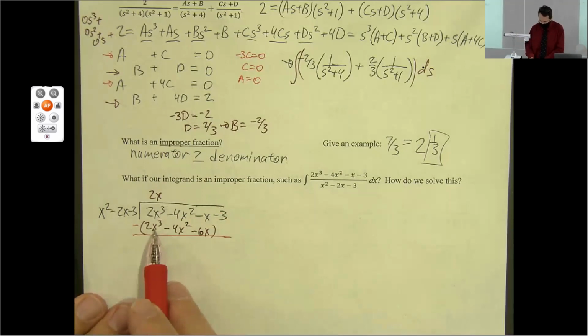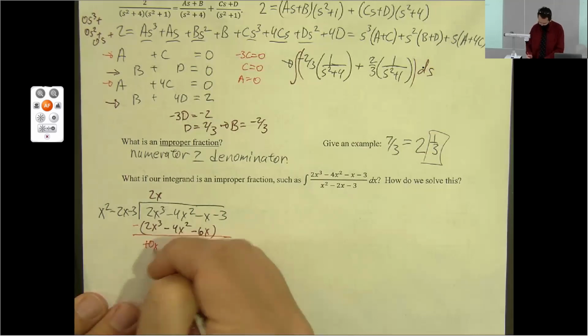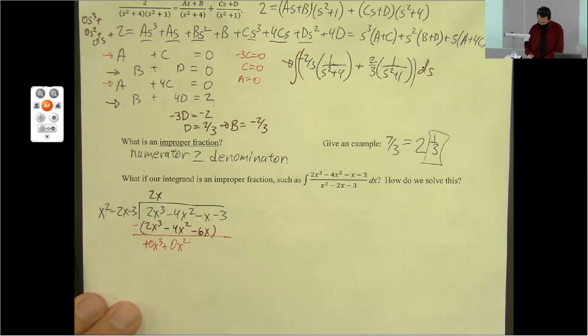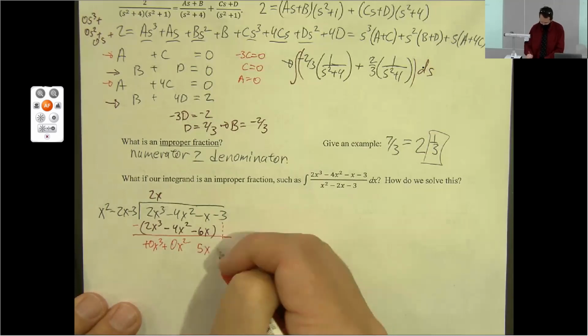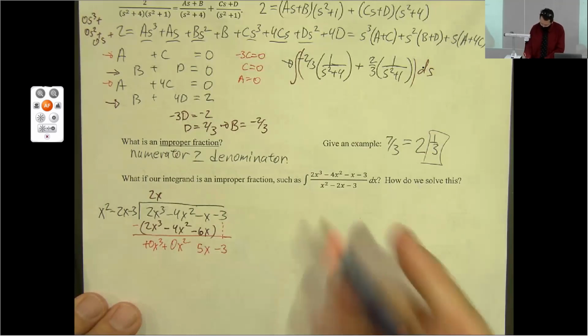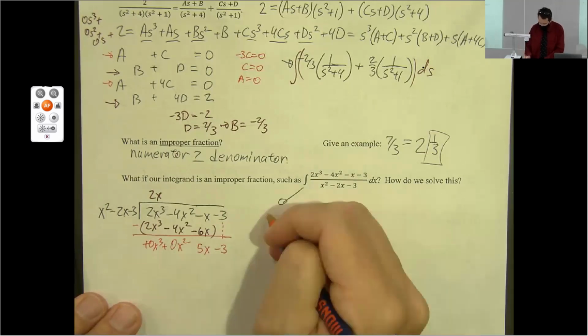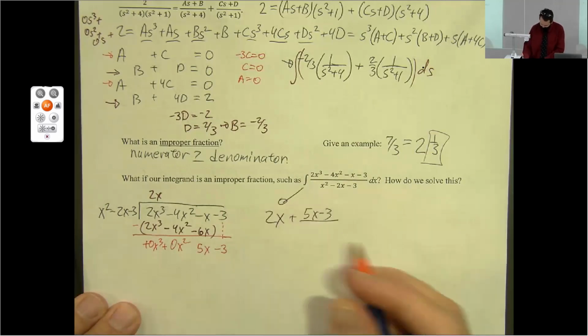Negative 4x squared minus a negative 4x squared is 0x squared. This must be our first example of this kind of problem. And then negative x minus a negative 6x is 5x. Minus 3, right? So this nasty looking thing is really 2x plus the remainder, 5x minus 3 over the denominator.